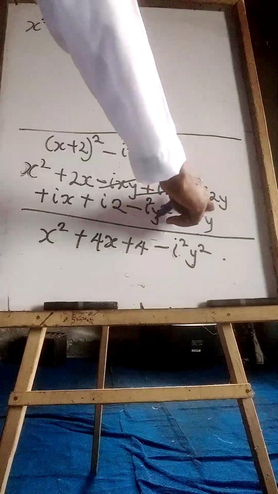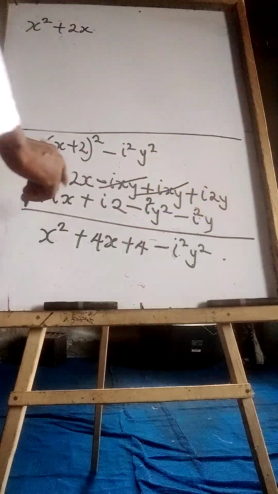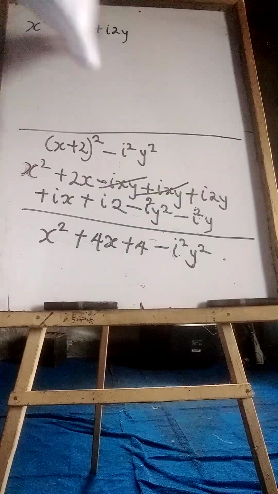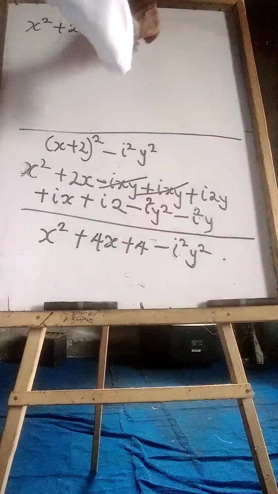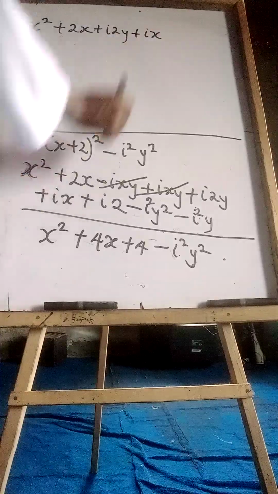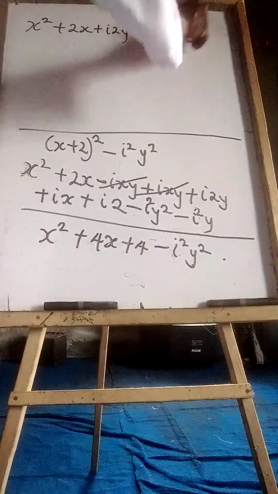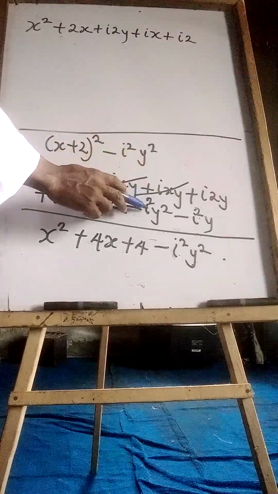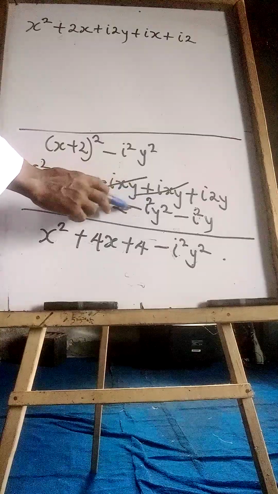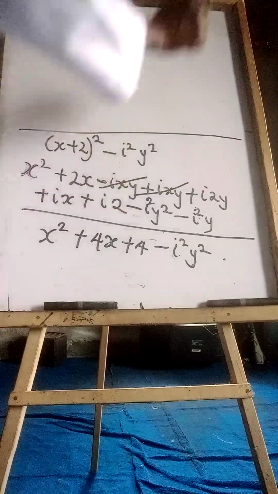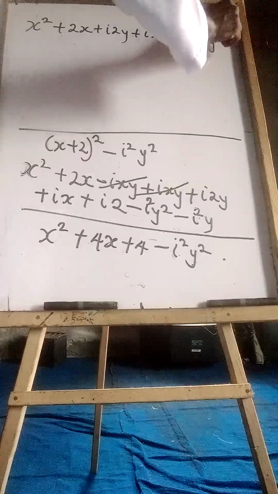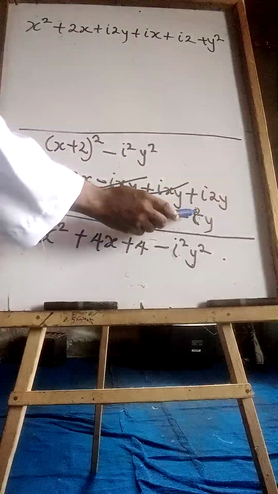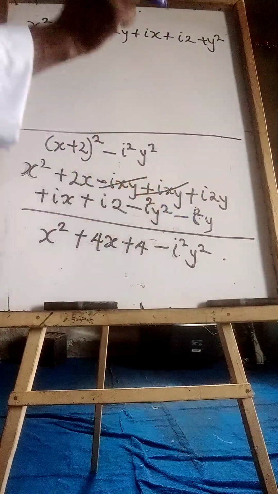We have i2y plus i2y plus ix plus i2. Then i squared will become minus 1. So minus 1 times minus, that's negative times negative, that will be positive. That is plus y squared. Then i squared here also will become negative. So negative 1 times negative, that will be plus y now.